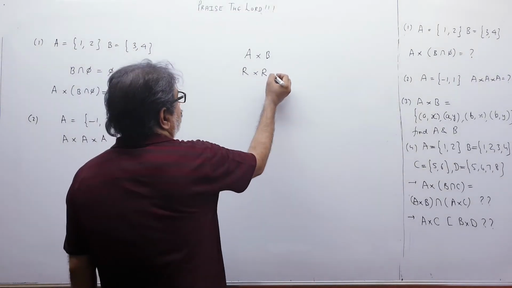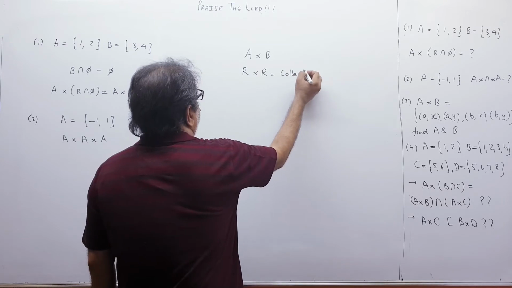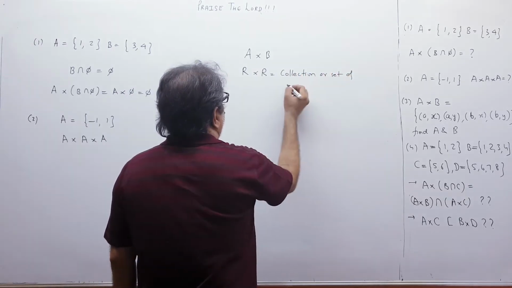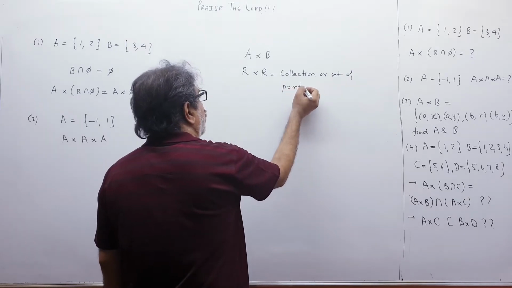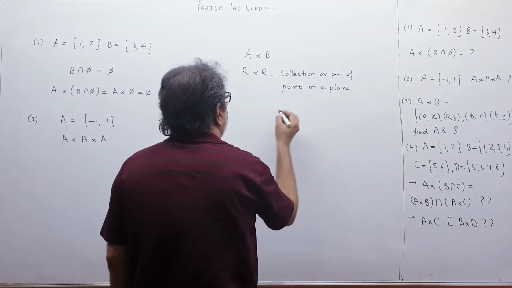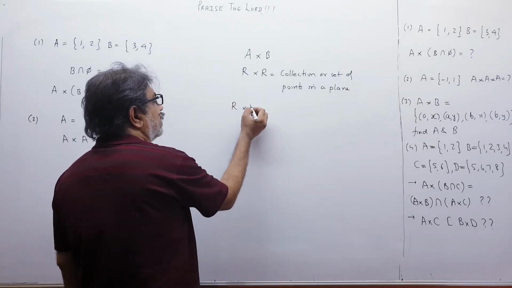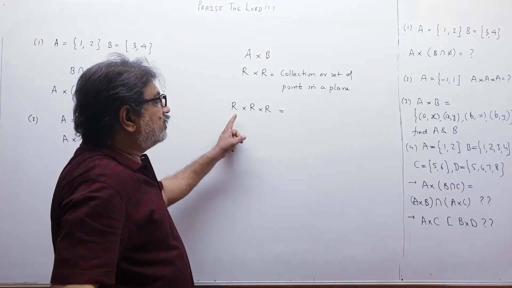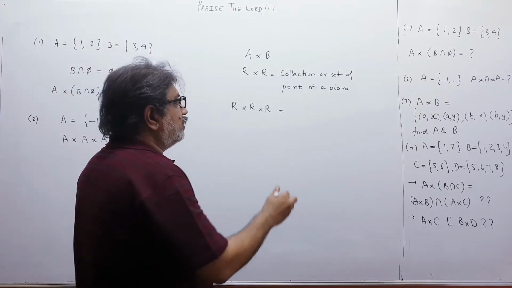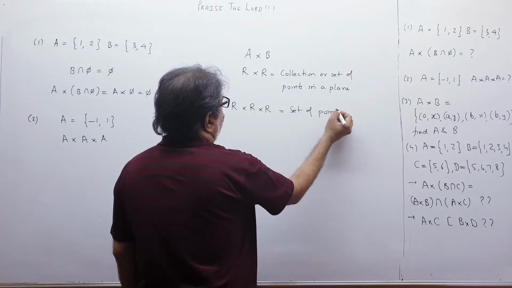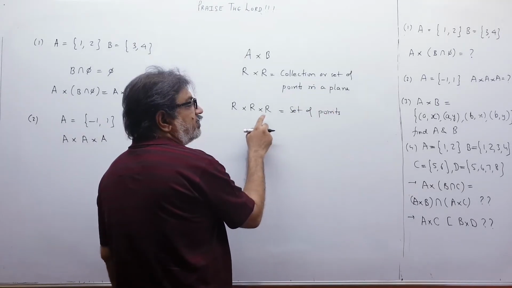So R cross R will be the collection or set of points in a plane. Similarly, R cross R cross R, this will be X, this will be Y, this will be Z. This will be the set of points in space, X axis, Y axis and Z axis.